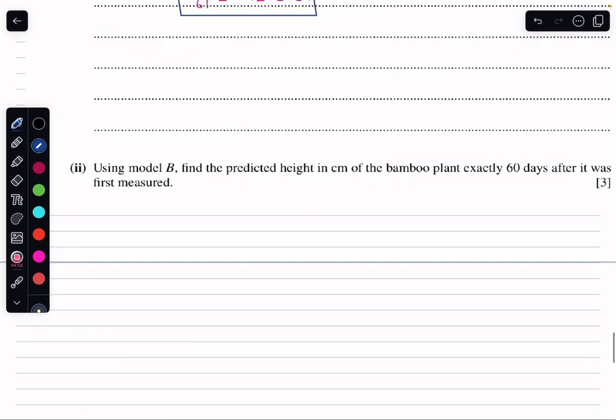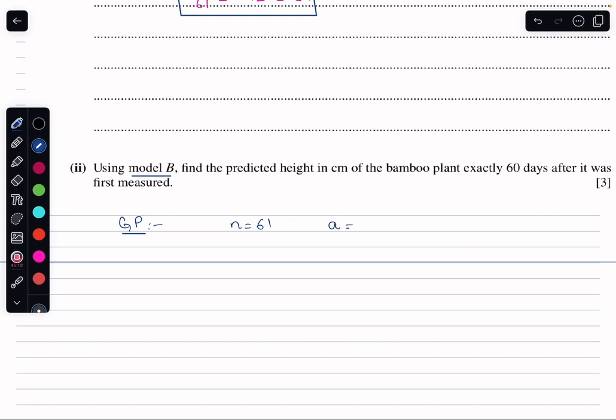Part B, using model B, and we have already discussed that model B has to represent a geometric progression. We need the predicted height in centimeters of the bamboo plant exactly 60 days after it was first measured, meaning here again the n value needs to be 61.